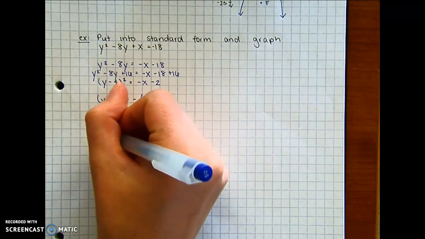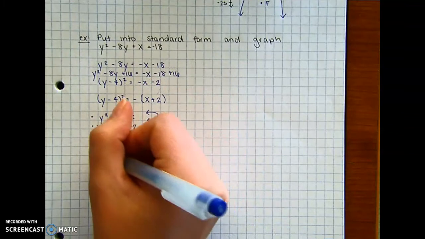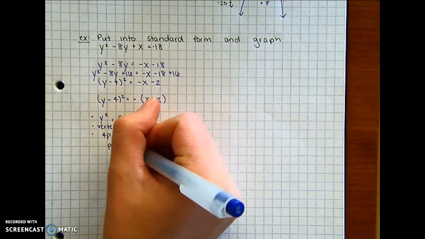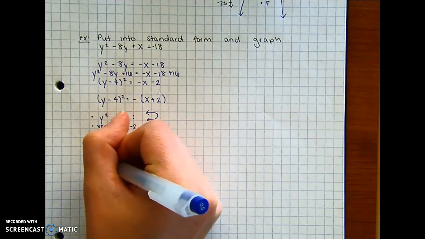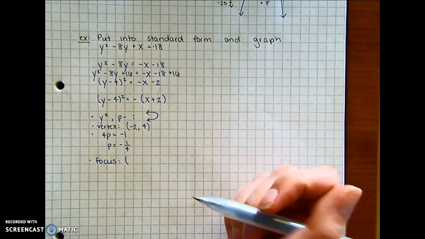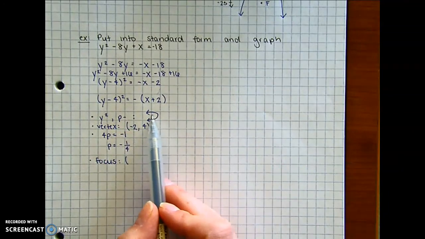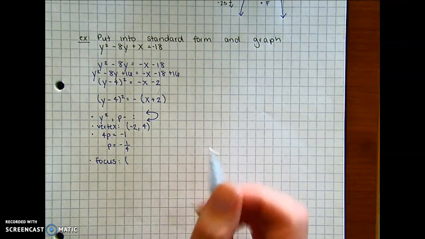Solve for p, so 4p equals negative 1. So p is just going to equal negative 1/4, which means my focus is going to be to the left, so I'm going to take negative 2 and then subtract negative 1/4.